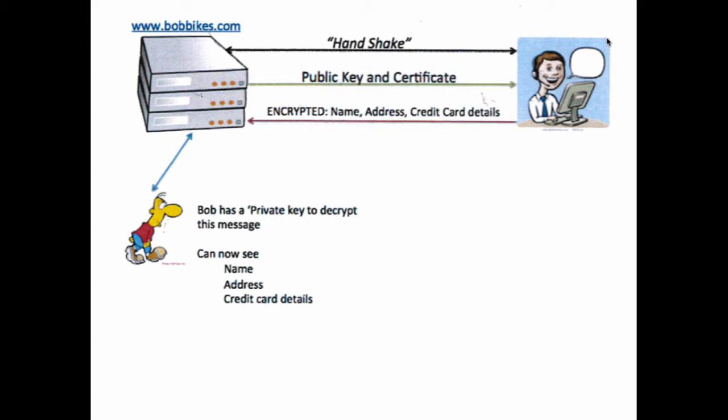Whilst Peter's computer and Bob's web server are connected, Bob's web server sends the certificate and public key to Peter's computer. Peter's computer is able to see that Bob's website is genuine and allows Bob's public key to encrypt Peter's personal details, which is sent to Bob's web server. Bob's private key will decrypt this information and he will be able to sell a bike to Peter.